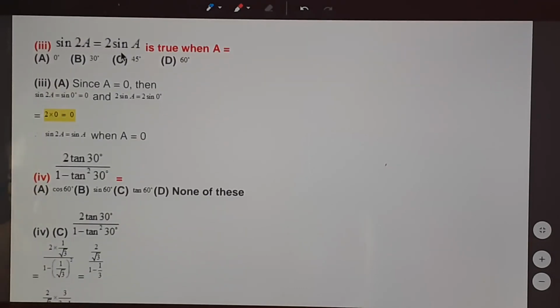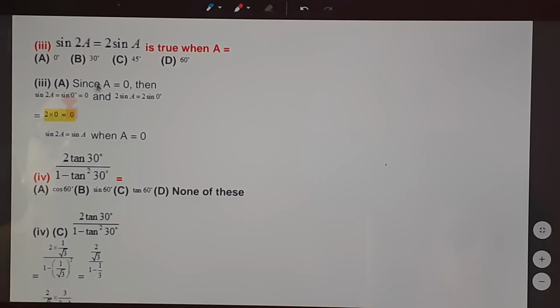Sine 2A is equal to 2 sine A is true when A is equal to... Now you have to go on putting in the options' values. First we will put 0 degree. When we put A as 0, sine 2A means sine of 2 into 0. What is the value of sine 0? It is 0. And 2 sine A means 2 into sine 0, and the value of sine 0 is 0, so 2 into 0 is 0.